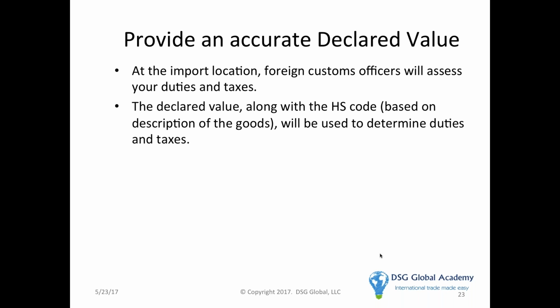But what we've seen is that the most developed industrialized countries have the lowest customs duty rates because they know that lower customs duty rates will spur international trade and increase their gross domestic product, or GDP.